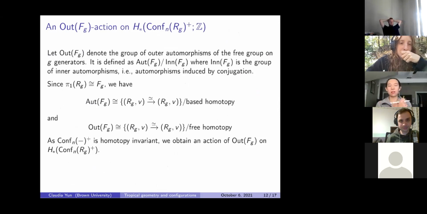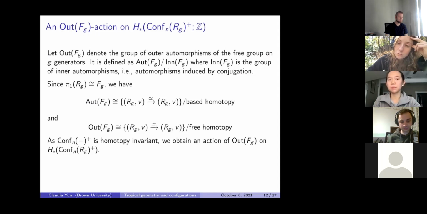But so we just now studied the Ascendant action on our homology of configuration spaces. But remember, before we also had another action of the isometry group of the graph. And how are we gonna characterize that in terms of something acting on the configuration spaces of RG?